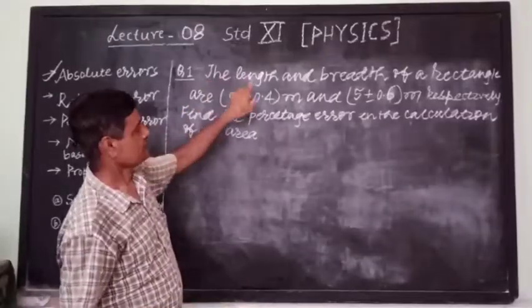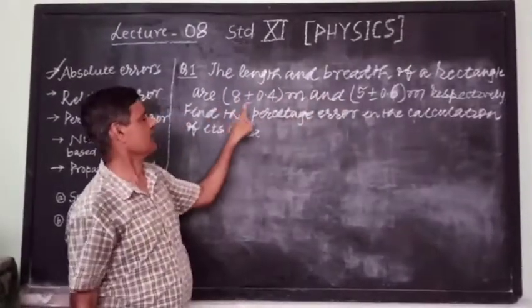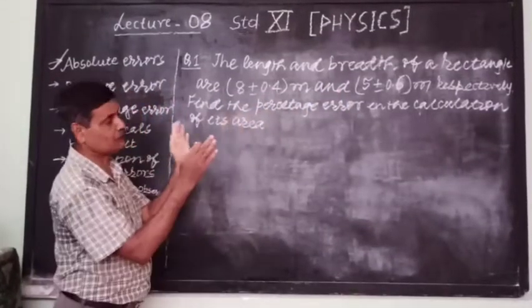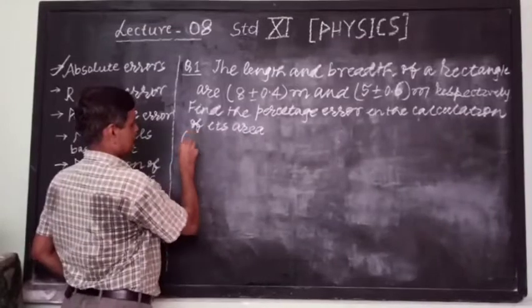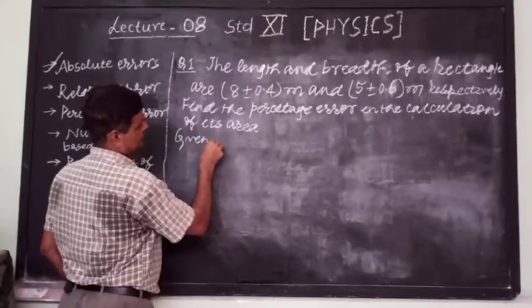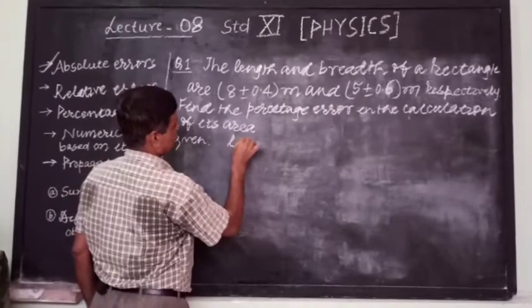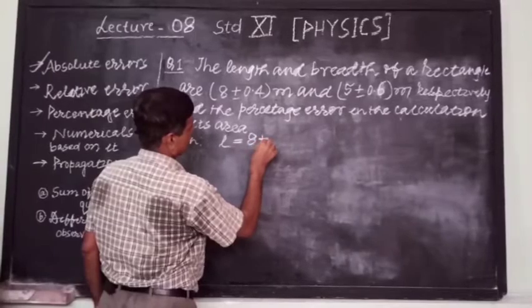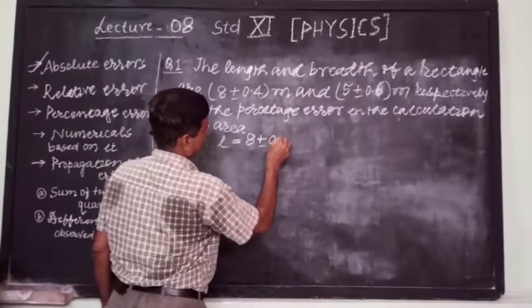Question. The length and breadth of a rectangle are given. It means length and breadth both are given. We will write given: L is equal to how much? 8 plus minus 0.4.